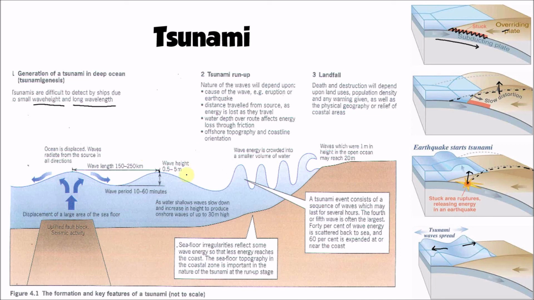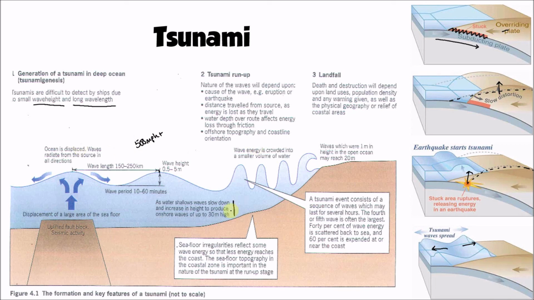As the tsunami reaches land, or as it moves from the deeper water into the shallower water, just like any other wave, it slows down, and the bottom of the wave slows down. The top of the wave carries on moving at the speed it was before, and a tsunami in the deep ocean can travel 500 miles an hour or more, the speed maybe of a jet aircraft racing across the ocean.